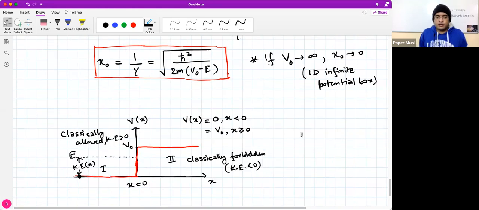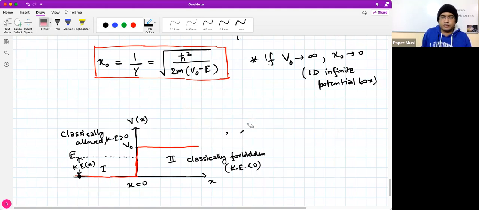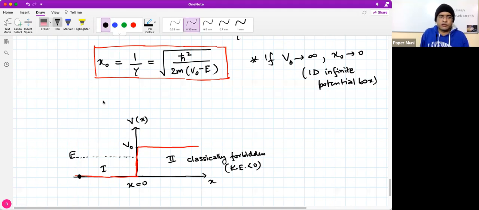Now in this case, let's get rid of these things, let this be there, and I'll remove this part. I'll write it somewhere else. So this is the region, and this is the energy.